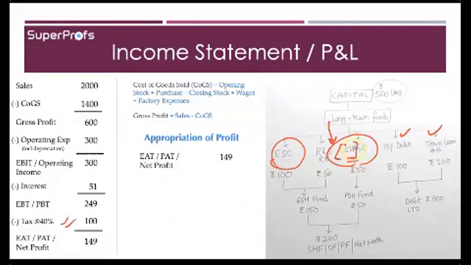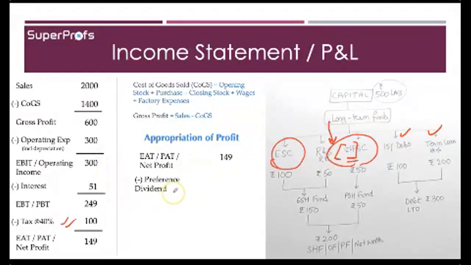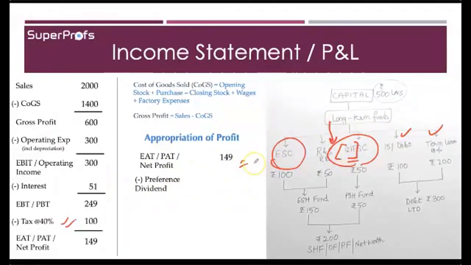Now I need to know, how will you calculate the preference dividend? Will it be 12% of 149 lakh rupees? No, because this preference share capital is calculated at this, they have given this 50 lakh rupees. Therefore, the rate needs to be multiplied by 50 lakh.